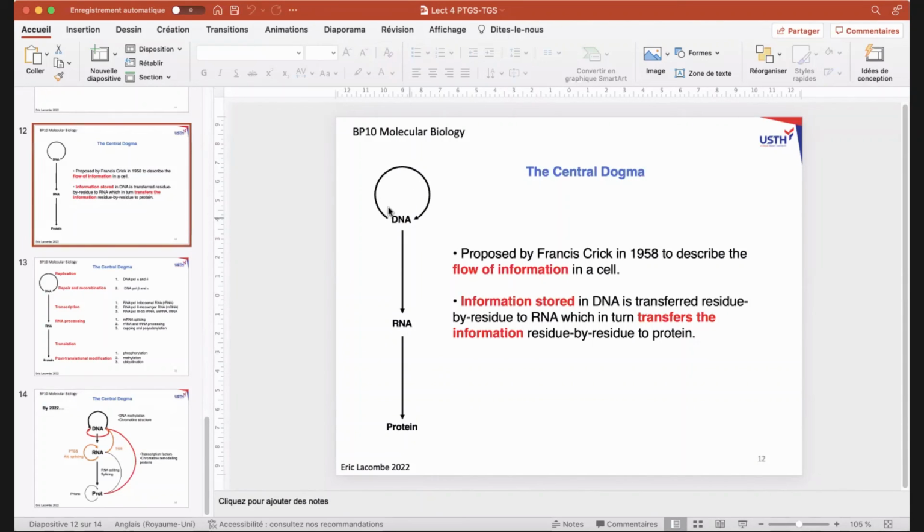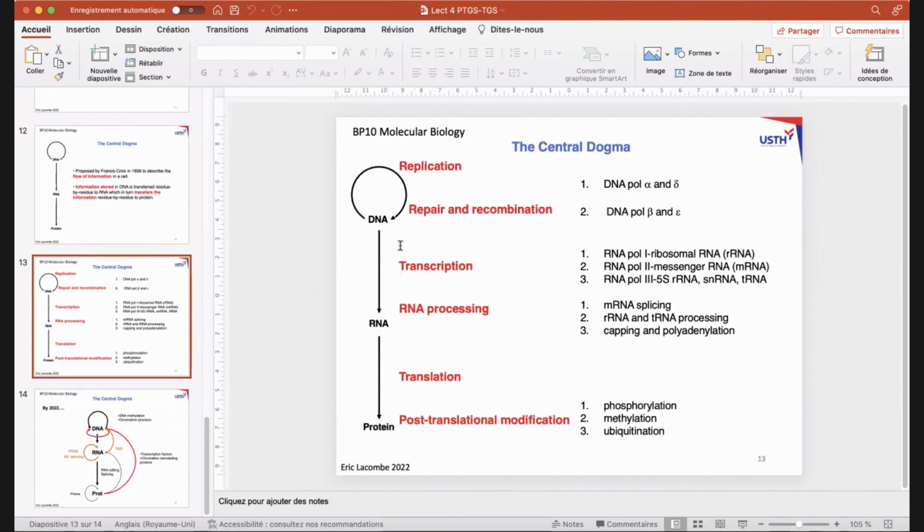So DNA information is multiplied on DNA: this is replication. Then the information from DNA to RNA is transcription. RNA to protein is translation. So we have replication, transcription, RNA processing, protein translation, and then post-translational modification.